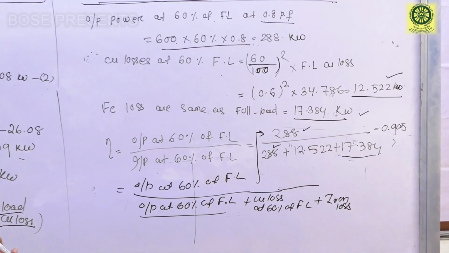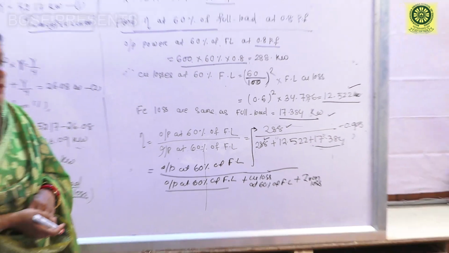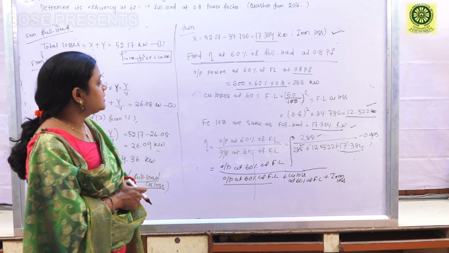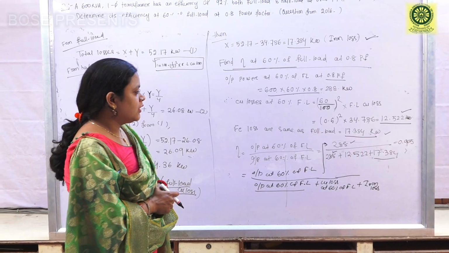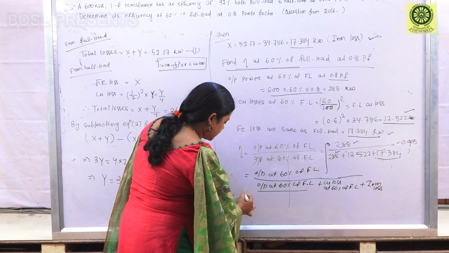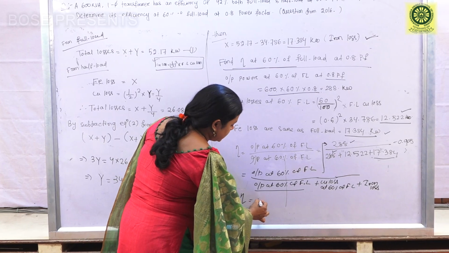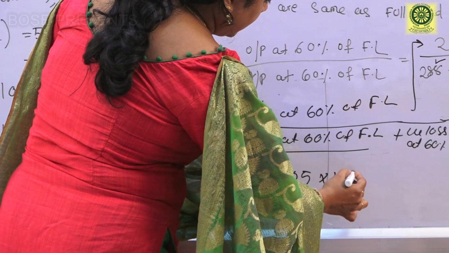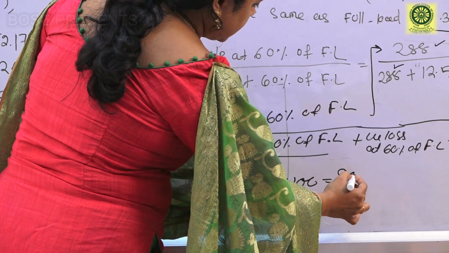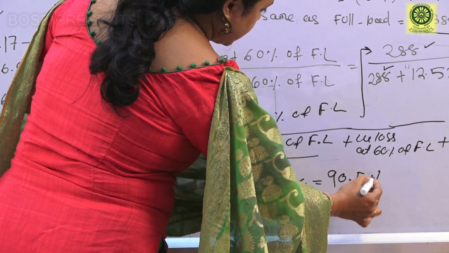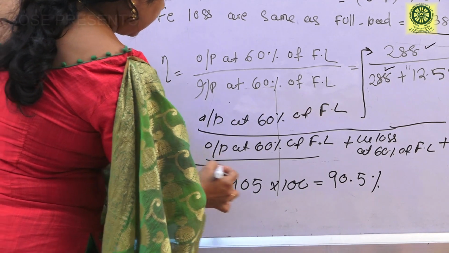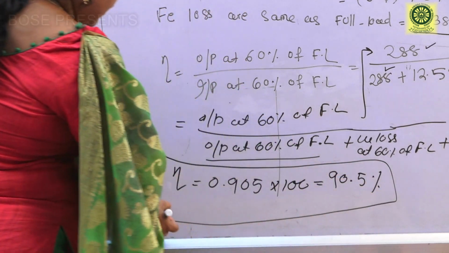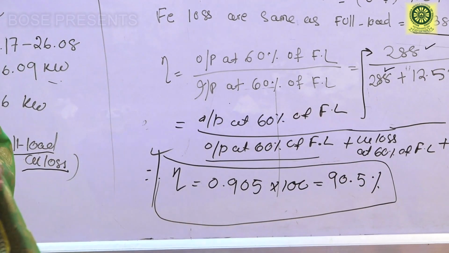The answer is 0.905. That is the efficiency at 60% of full load. So therefore the percentage of efficiency is 0.905 into 100, that becomes 90.5%. This is the answer of the question.